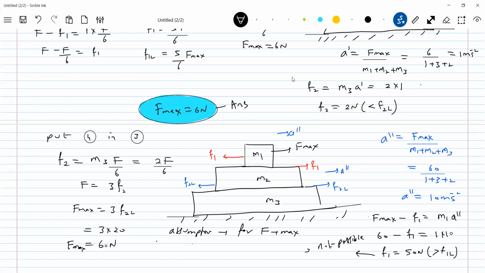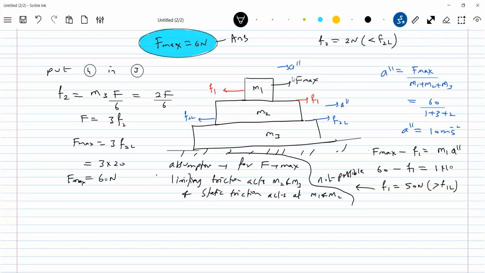For F max, limiting friction acts at M2 and M3, and static friction acts at M1 and M2. This was our assumption.